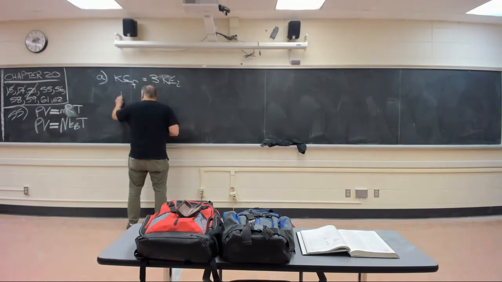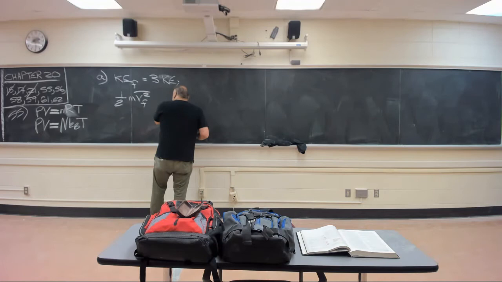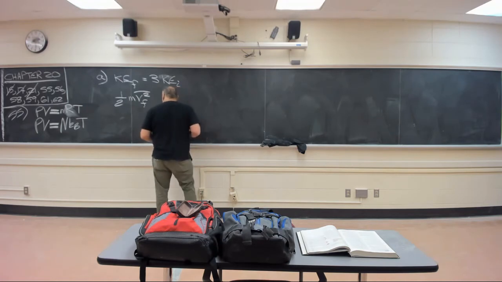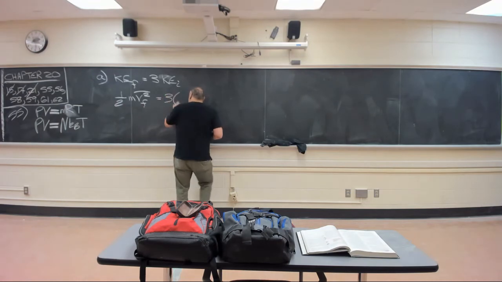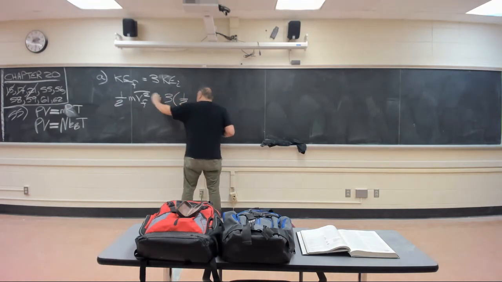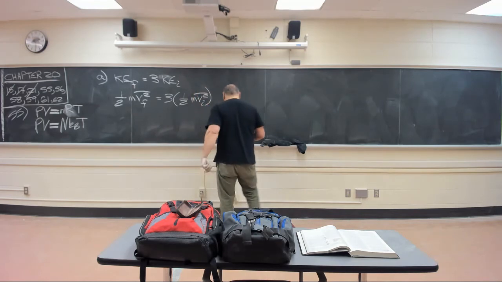That means 1/2, the mass of the particle stays the same, it's the same gas, the average of the squares of the vf is going to equal 3 times that.